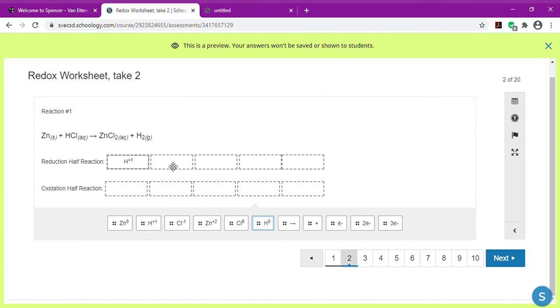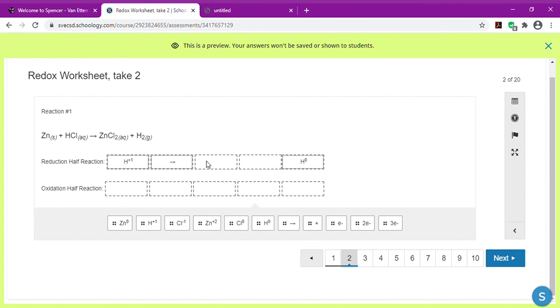Oh, but wait, I need an arrow, so I scoot him over, and here's an arrow. I still have more spaces. Reduction is GER, G-E-R, gain of electrons, and the other rule is I always put the electrons on the side with the higher charge. So I want 1 electron on the left side here.